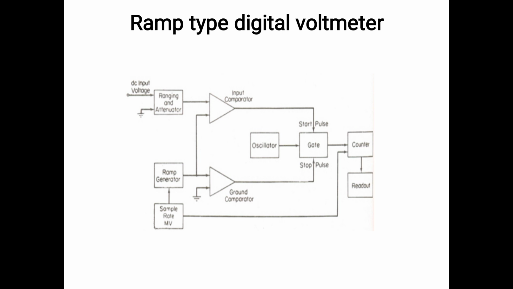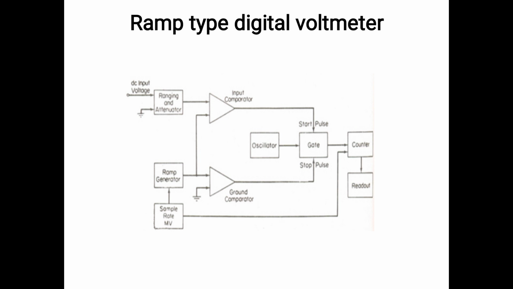For the reference, we can see there is a ramp generator. That ramp generator produces a ramp signal, with its input coming from a multivibrator. The previously defined sampling rate multivibrator makes the ramp generator generate ramp pulses.